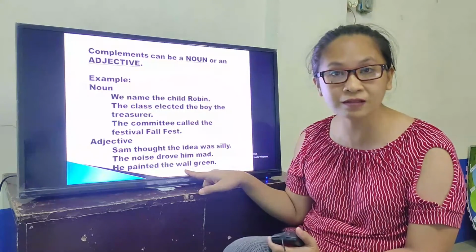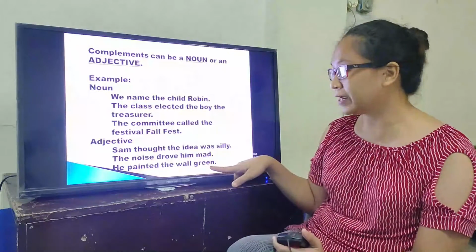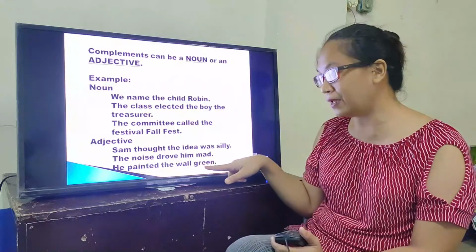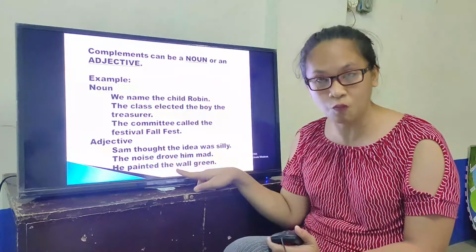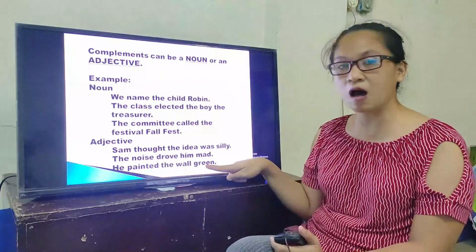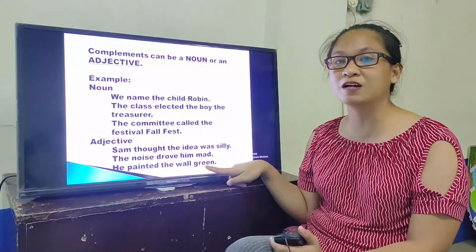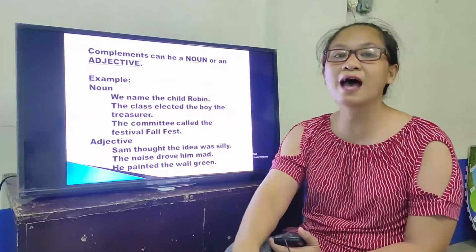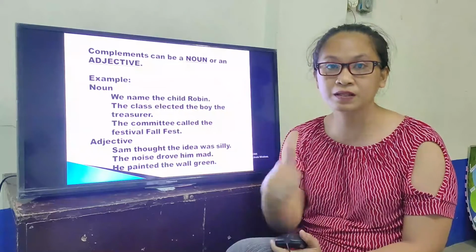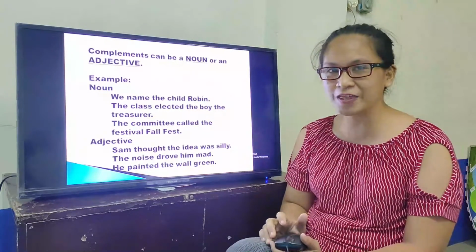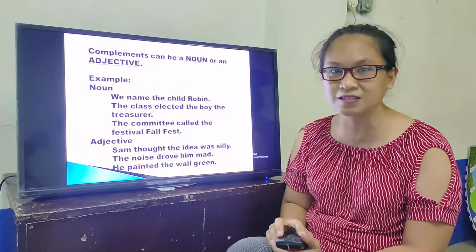And what is the color of the wall? Okay, so the color is green. So the word green describes our object, which is the wall. So this is an object complement and this is an example of a sentence in which the object complement is an adjective. Okay, clear?